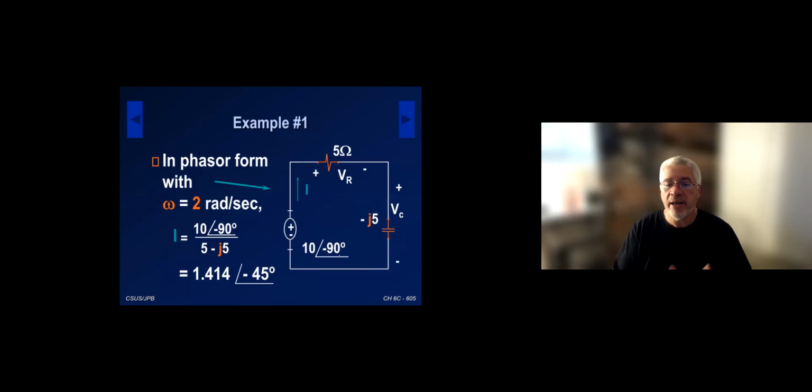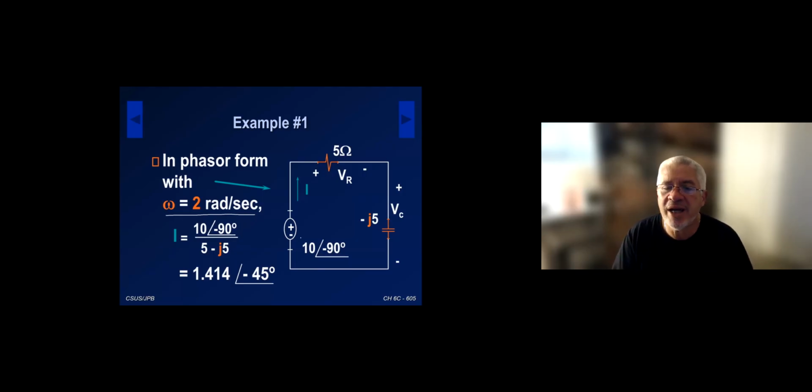So I'm going to go to the phasor domain, which means I calculate the capacitor impedance, 1 divided by j omega c. My frequency was 2 radians per second. Okay. And then obviously for the resistor, the resistance is the impedance. And then I convert my source. I first convert it to a cosine function, then convert it to the phasor form.